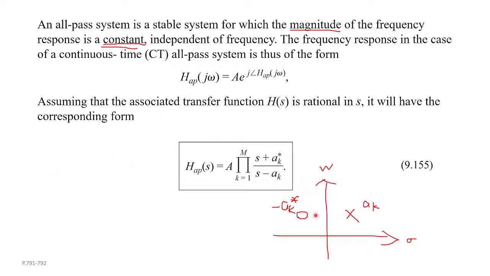But you see that if the poles and zeros all have this symmetric pairing, so whenever you have a pole at a_k, you also have a zero at a_k star, then as you move around the j omega axis, your distance to a_k is the same as the distance to a_k star. So this distance divided by distance will always be 1, and it will stay at constant magnitude as you move around the j omega axis, and you will get some vector depending on the angle.